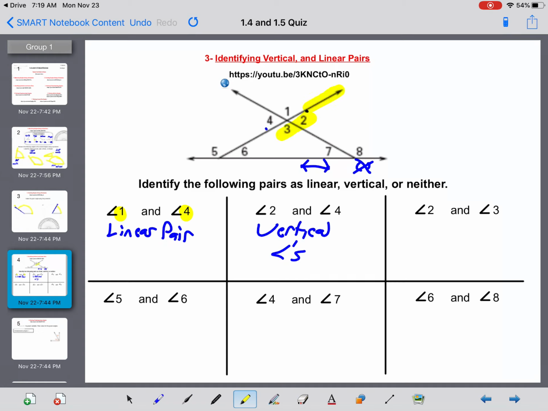Angle 2 and angle 3 right next to each other, and if you look, they create a straight line. It's a linear pair. Angle 5 and angle 6, again on the bottom corner here, they create a linear pair, straight line.